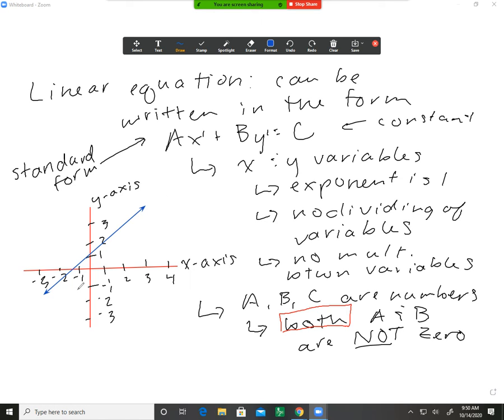It's saying that that line is continuing on forever. So that's what a linear equation looks like. It's always going to be a line. All right, question for you guys: how many points are on that line?